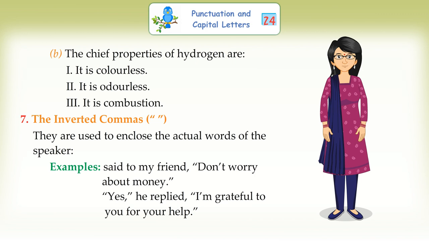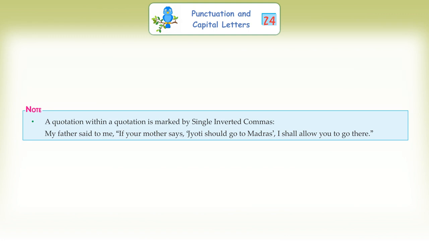Examples: I said to my friend, "Don't worry about money." "Yes," he replied, "I'm grateful to you for your help." Note: a quotation within a quotation is marked by single inverted commas. My father said to me, "If your mother says 'Jyoti should go to Madras,' I shall allow you to go there."